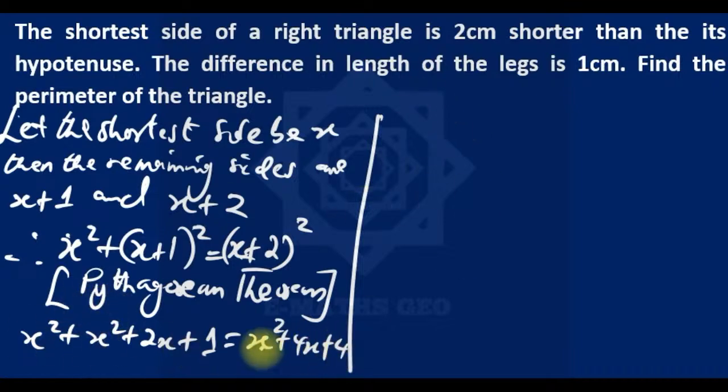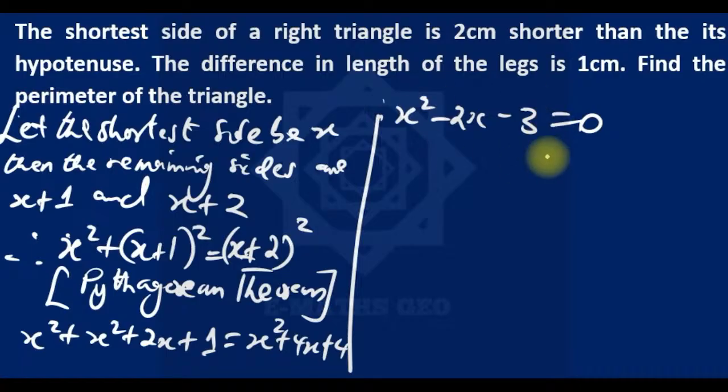So we are left with x squared plus 2x plus 1 equals 4x plus 4, so this comes over: 2x minus 4x is minus 2x. 1 minus 4 is minus 3, equal to 0.